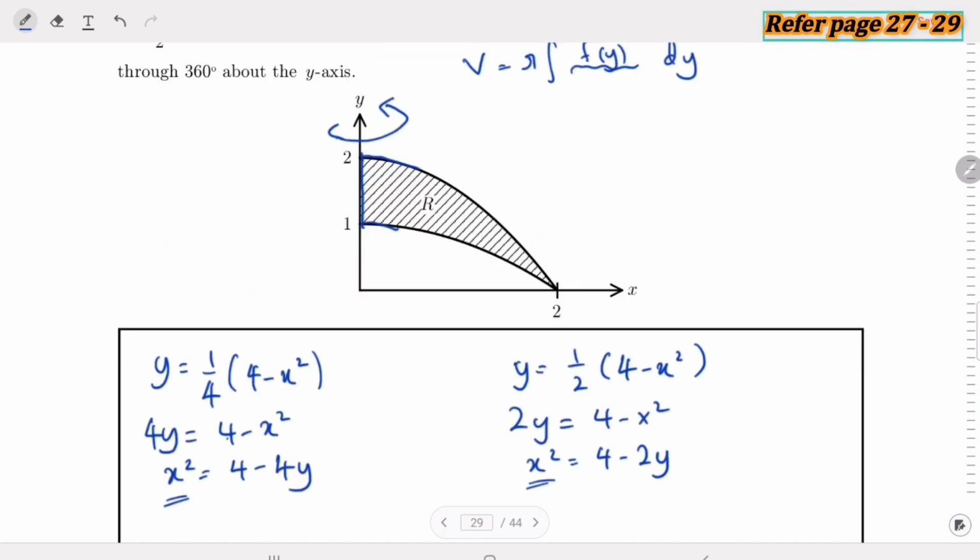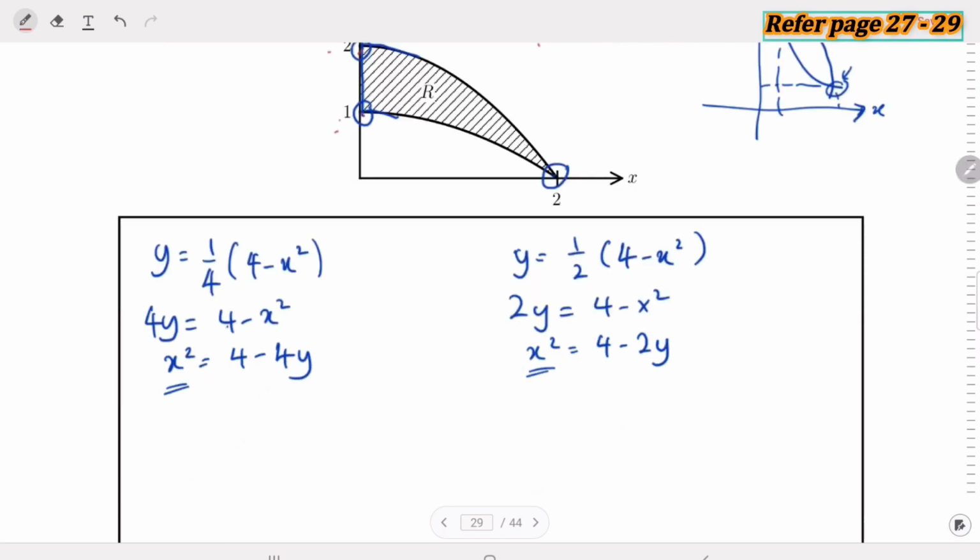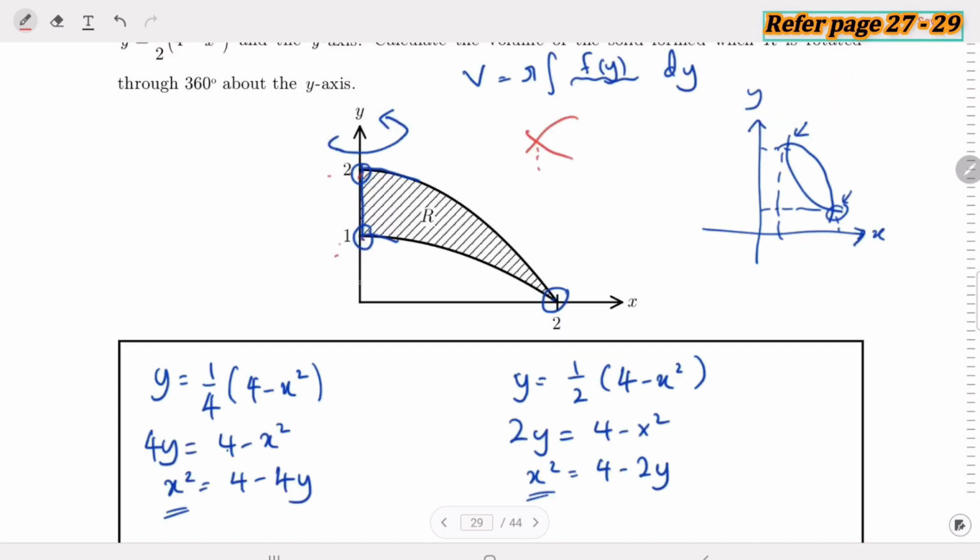So for the volume, when we look at this region bounded by these two curves and the y-axis, we know that the bigger function must subtract the smaller function. In this case, the bigger one is from 0 to 2, and then it will be subtracted by the one from 0 to 1.